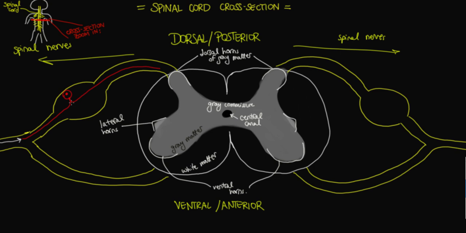So if you remember from our neuron anatomy lesson, we were discussing the different classifications of neurons structurally. And so one of them was a unipolar neuron, typically a sensory neuron. And this is what we're going to see right here. You're going to see that sensory neurons bring in information to the spinal cord, and then they have their cell bodies located in a swelling in a part of a branch of the spinal nerve.